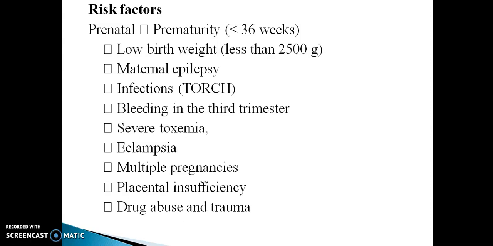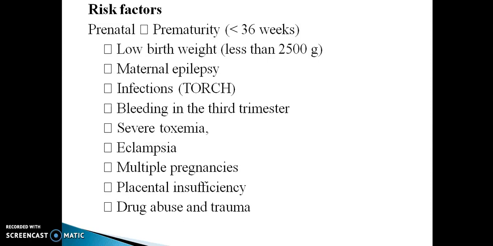Between 1,750 and 2,000 grams is moderate low birth weight, and between 2,000 and 2,500 grams is mild low birth weight. According to the severity of the low birth weight, the complications will also be severe.